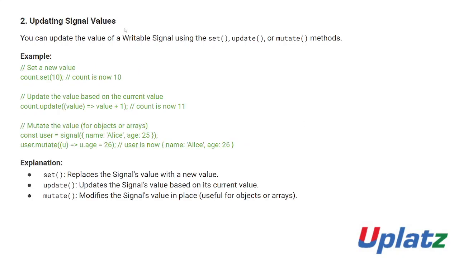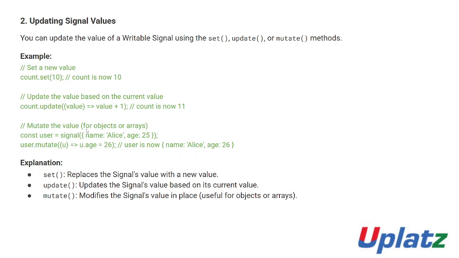Updating signal values. You can update the value of a writable signal using the set, update, or mutate methods. Set a new value: count.set(10), count is now 10. Update the value based on the current value: count.update(value => value + 1), counter is now 11.